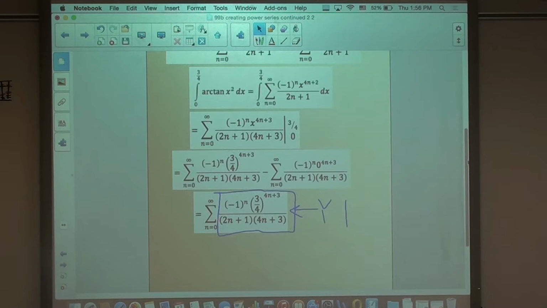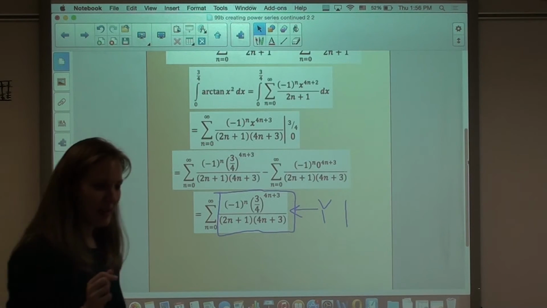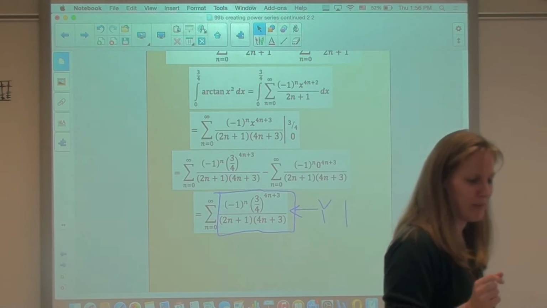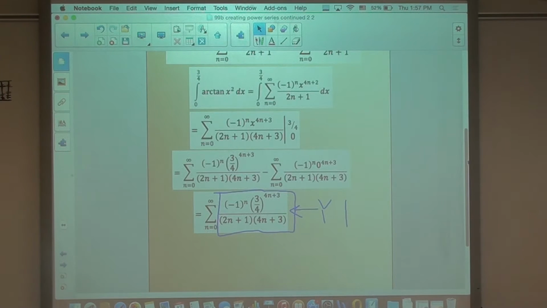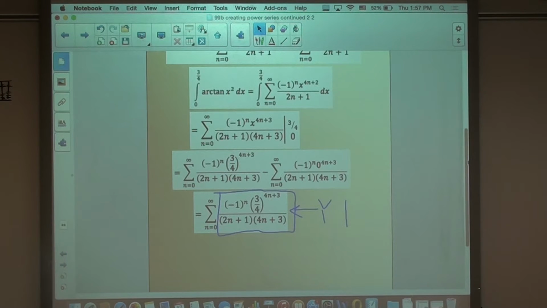Everyone hit mode? You need to be on mode. Now, once you're on mode, I want you to look at the line that says float.